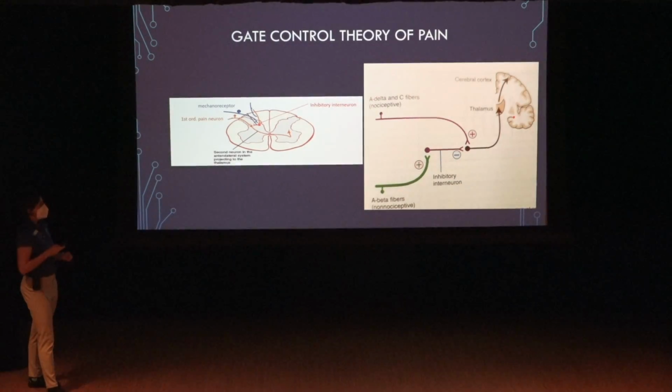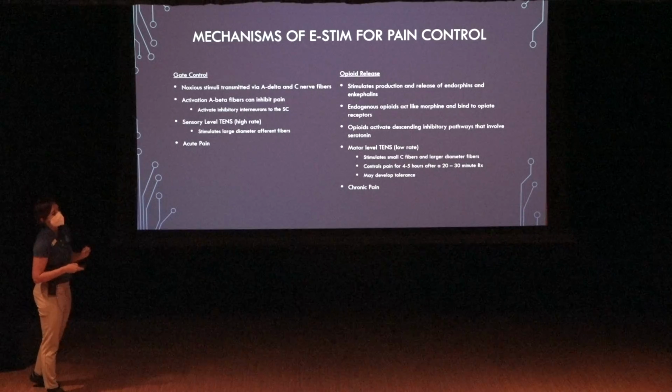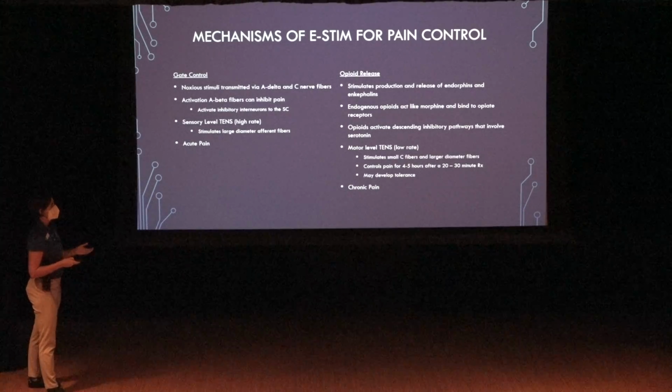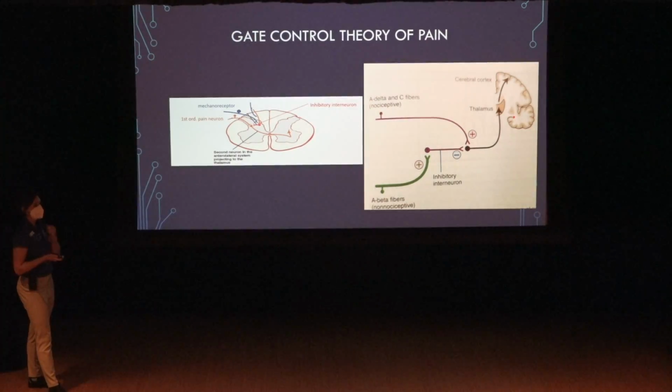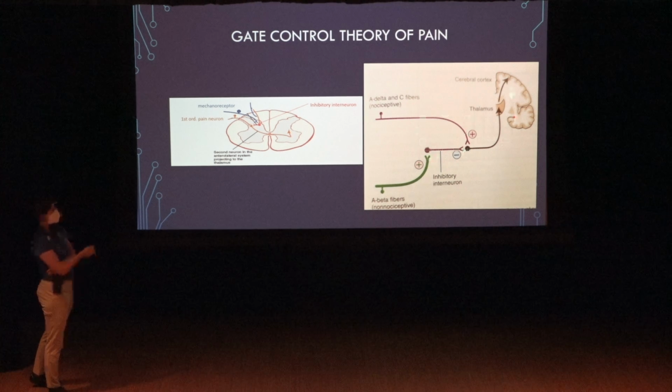So we're going to stimulate that chronic pain with a lower frequency and a higher pulse duration, which is depicted in your parameters on your handout. And this is just what I said about gate control theory. You're sending that inhibitory signal to close the gate and tell it, no, don't send that pain signal to the brain.